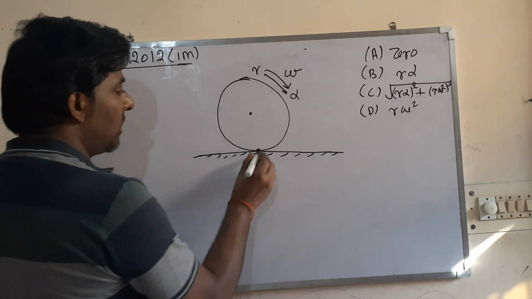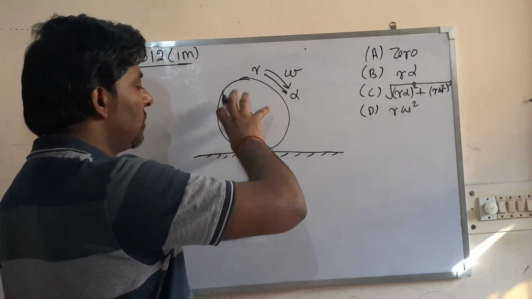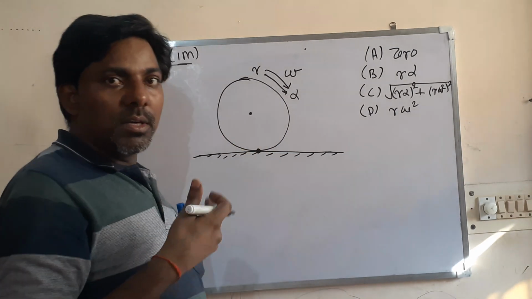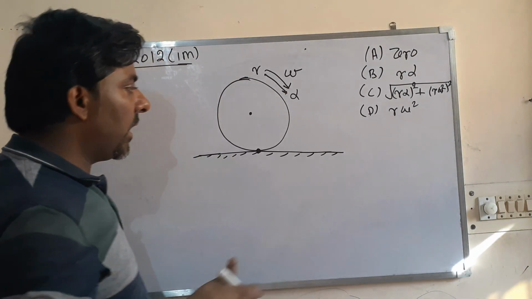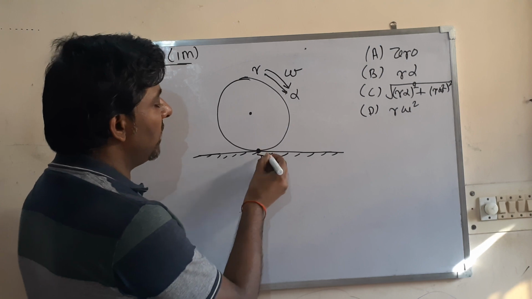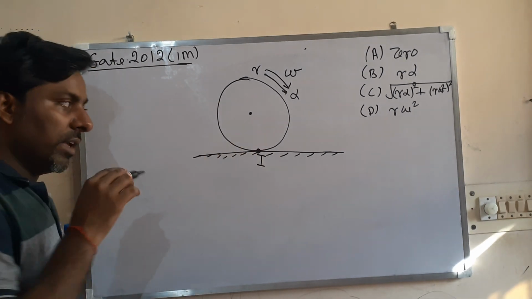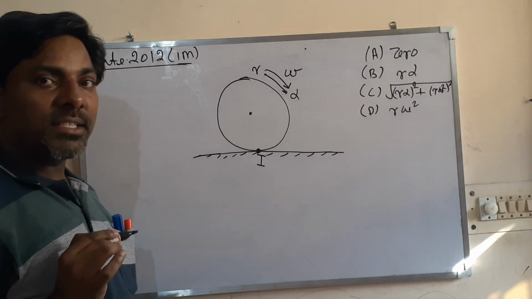See the point. He is asking the acceleration of this point. You know that when a disk is rolling on a plane, its instantaneous center of rotation will be here. Where will its IC be? That will be at the point of contact. So he is asking the acceleration of the IC.